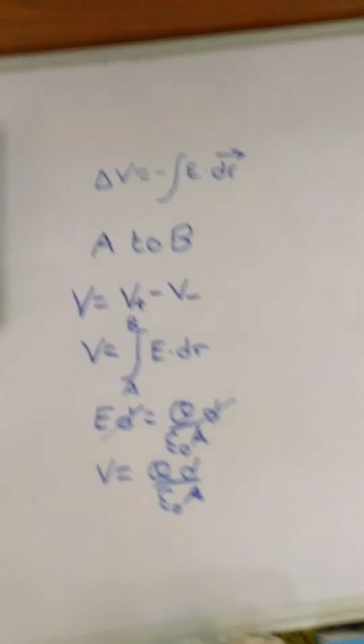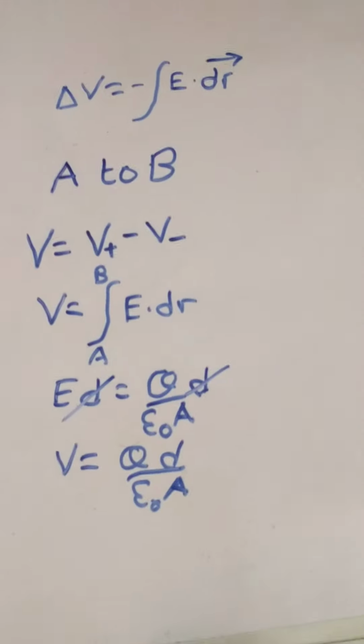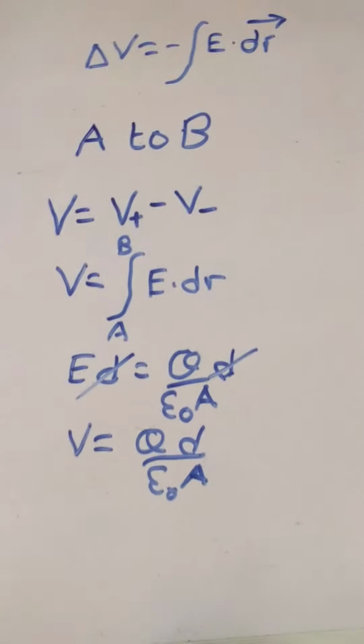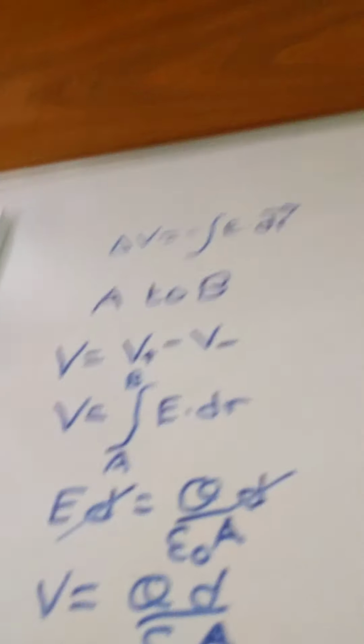So E D is nothing but V. I can write it as Q D by epsilon naught A. Great.